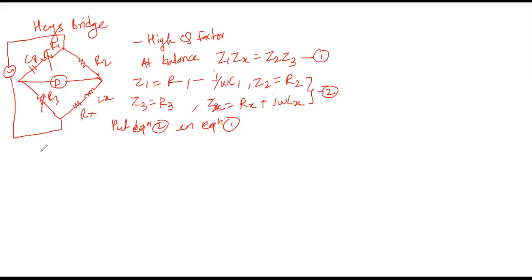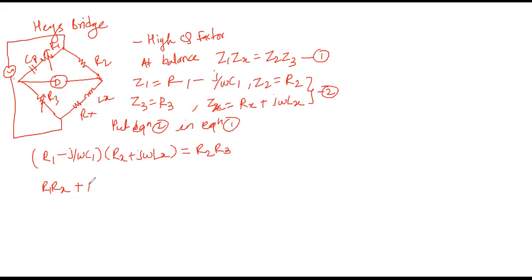Okay. So what we'll have here? R1 minus j divided by omega C1 into Zx. Zx is what? Rx plus j omega Lx is equal to R2 R3. Okay. So multiply this one. So R1 Rx plus this j into j becomes minus 1, and here again we have a minus sign, so minus 1 into minus 1 becomes plus 1.